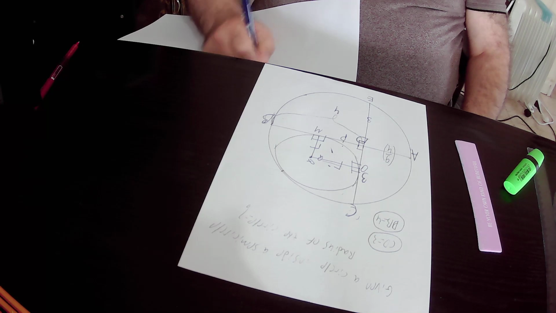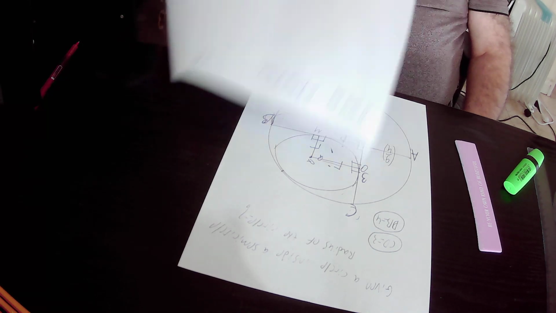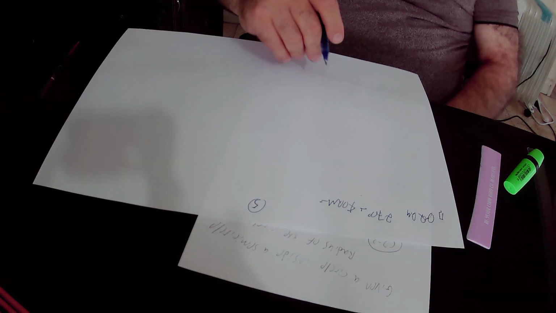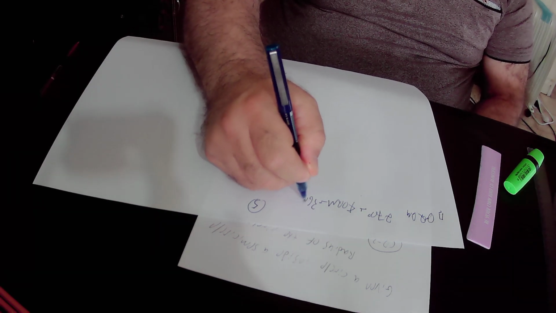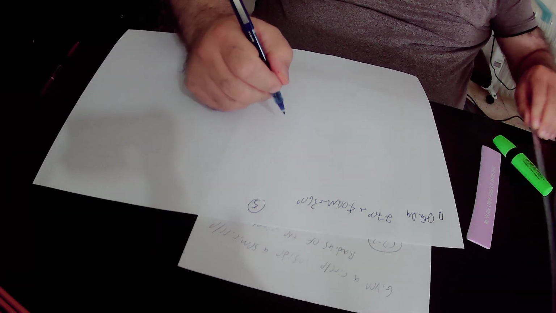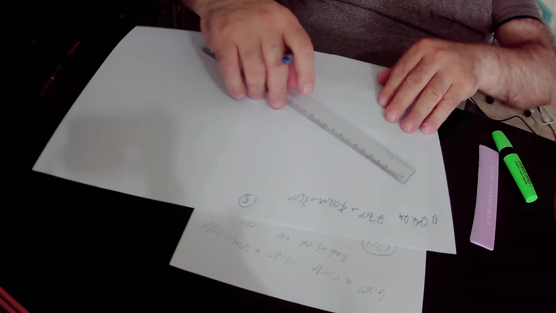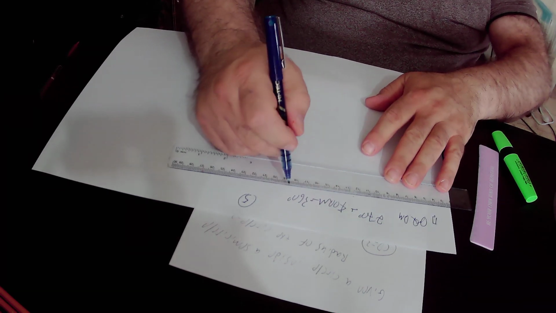In total, the sum of those four angles must equal 360 degrees, according to the rule that the sum of the angles in any quadrilateral is 360 degrees. Okay?